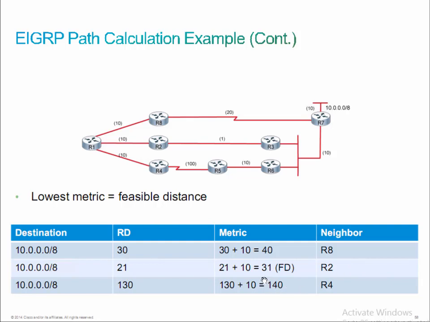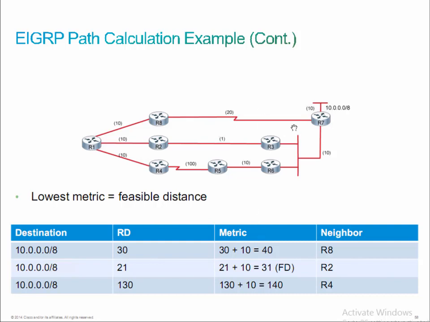Based on the feasible distance of the primary path, do these other two paths qualify as a feasible successor? Anybody? You got a 50-50 shot, yes or no? The answer is yes, right?